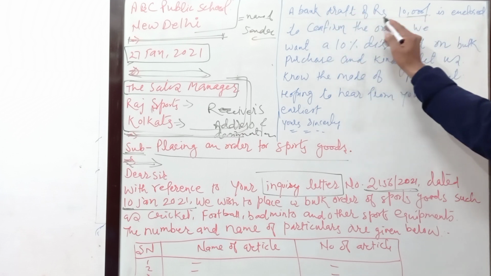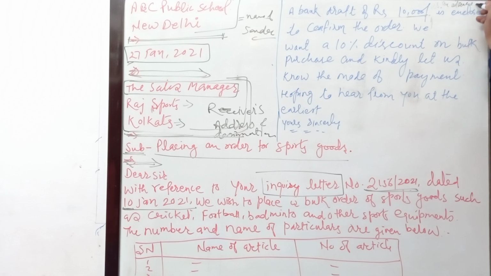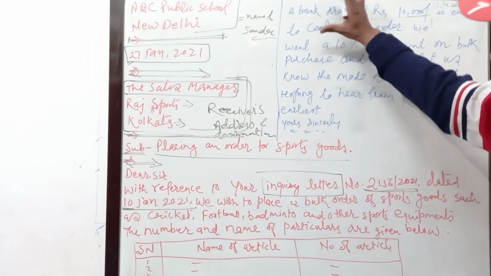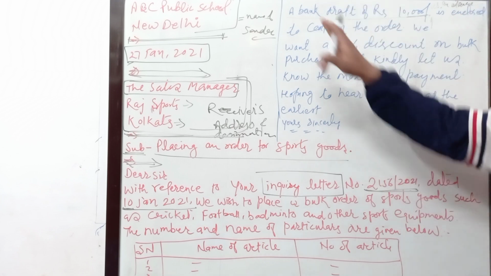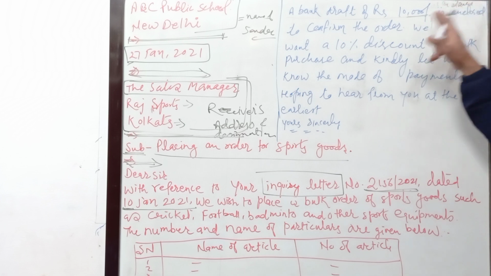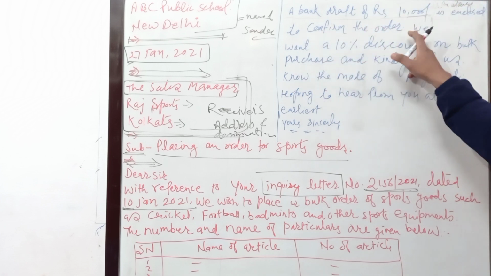So, a bank draft of rupees 10,000 as an advance is enclosed to confirm the order. Got it? This line also you have to remember. A bank draft of rupees 10,000 as an advance is enclosed to confirm the order.